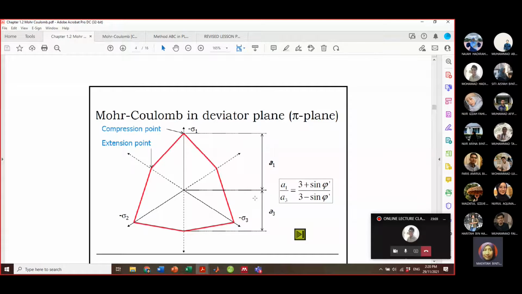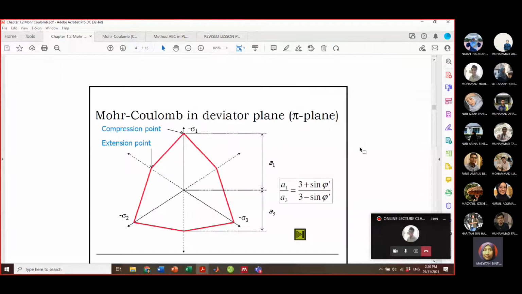And when you look at this one, A1 and A3 is equal to 3 plus sine effective phi over 3 minus sine effective phi. So on your part, here is only focusing on the Mohr-Coulomb failure criterion.